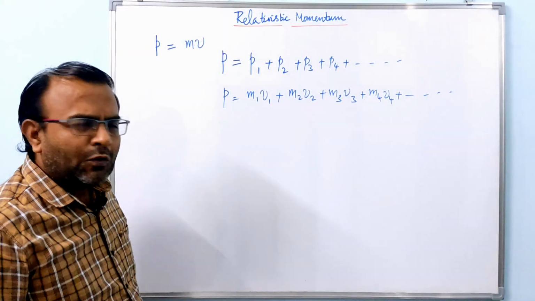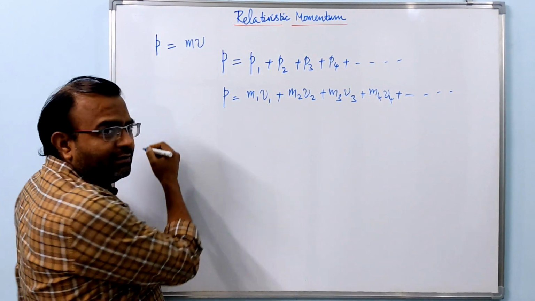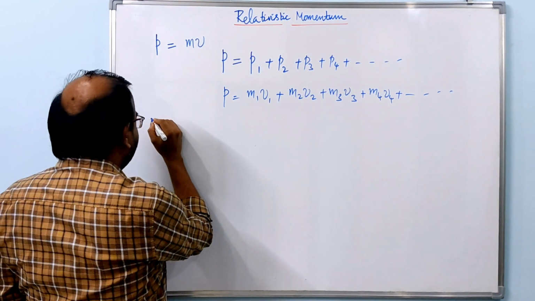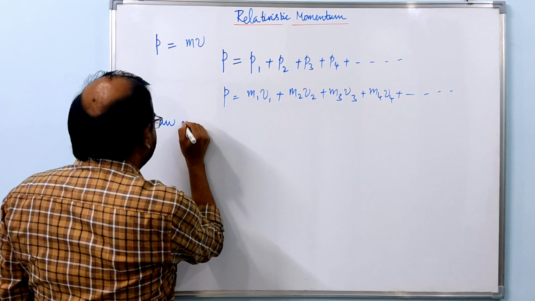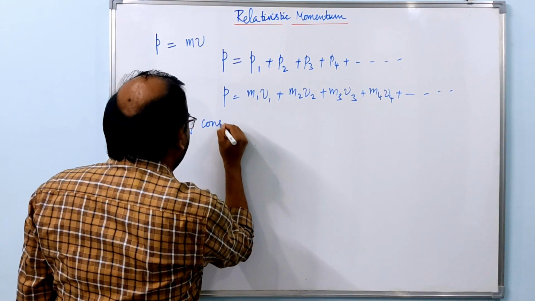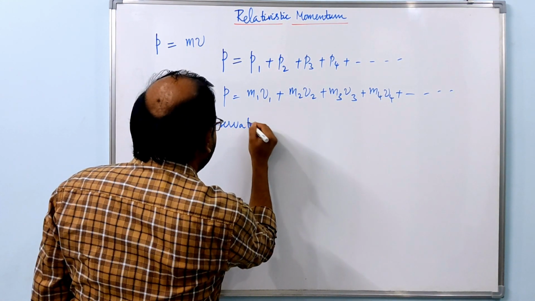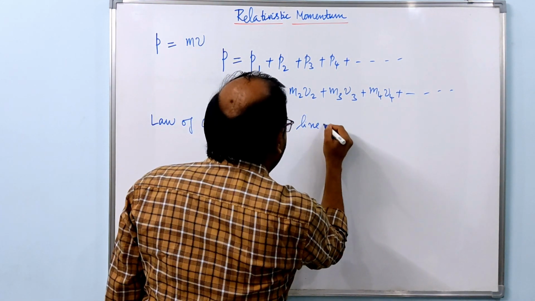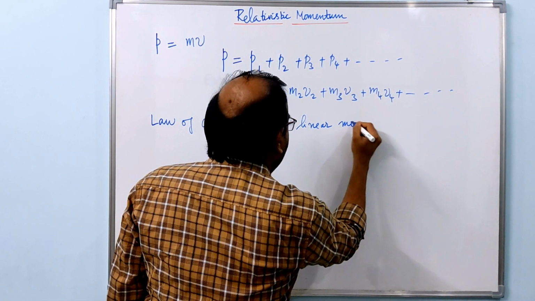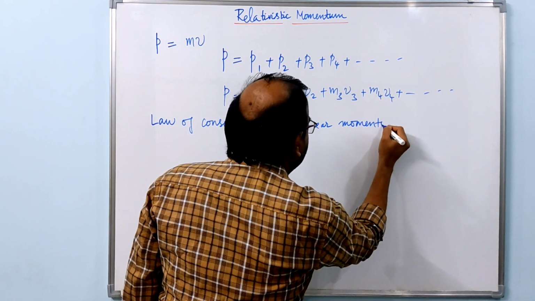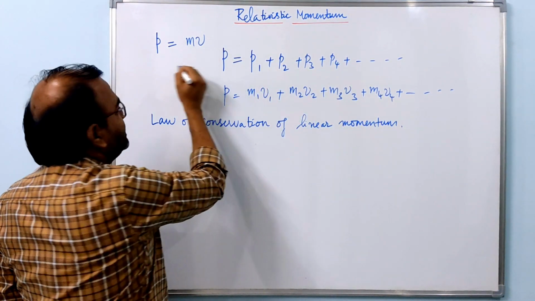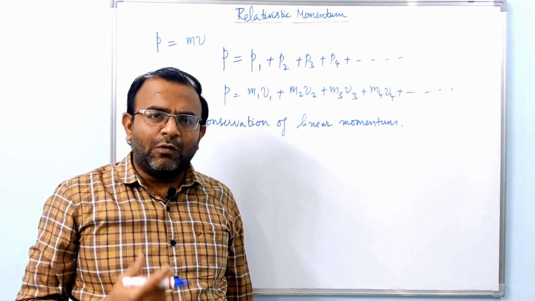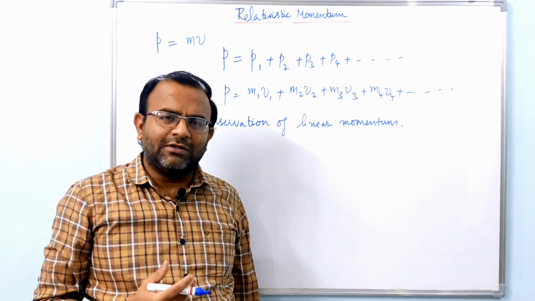Now, we also know a very important conservation law concerning the momentum of a particle or a system, and that is the law of conservation of, to be precise, linear momentum. This linear momentum in a system involving more than one particle is conserved if no external forces act on the system.